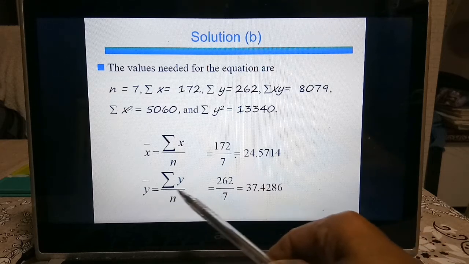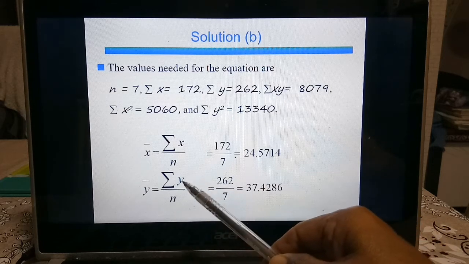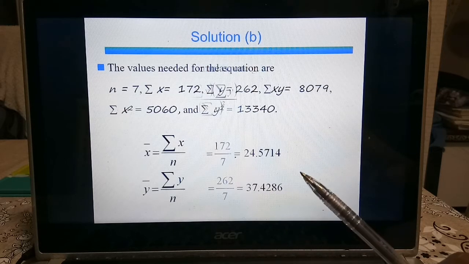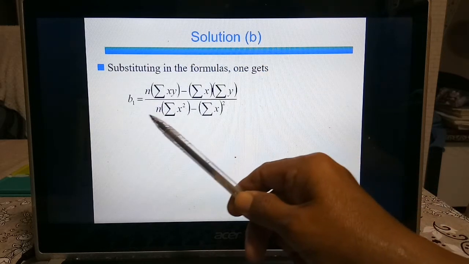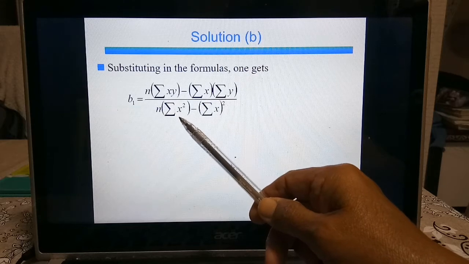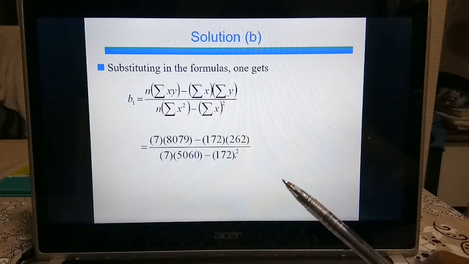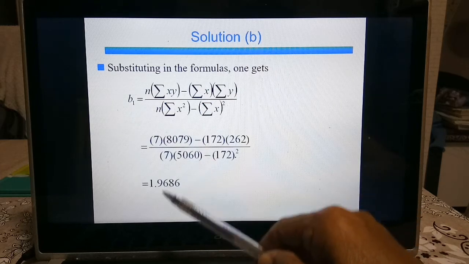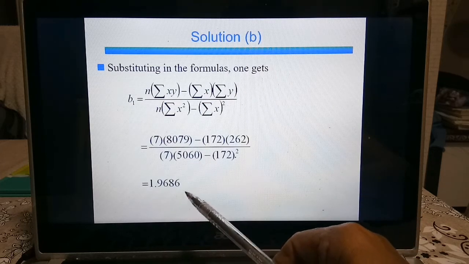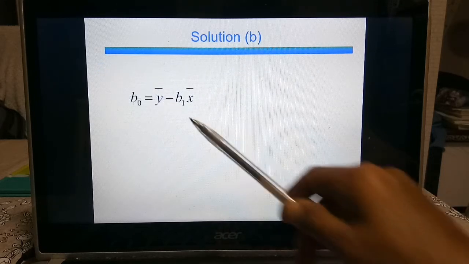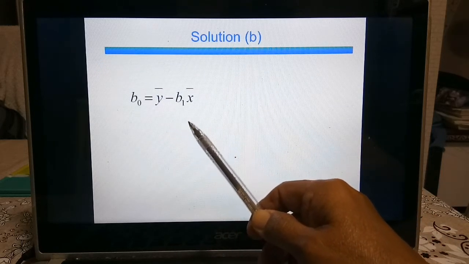Y bar we get using the total of Y over N. From here we substitute into the formula for B1. Recall the regression line's B1 and B0 formulas and substitute the values. So we get B1 equal to 1.9686.